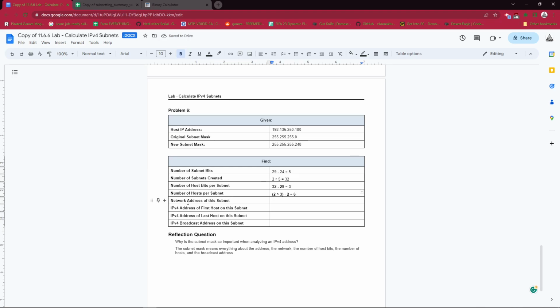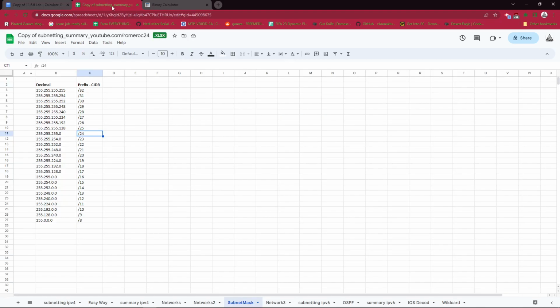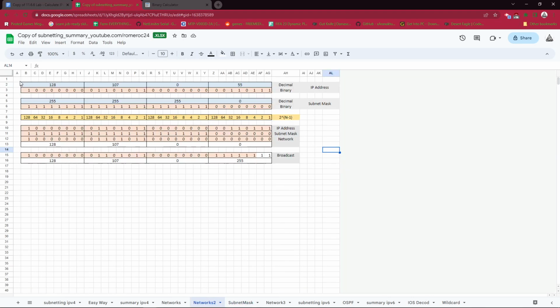For the network address of the subnet, we need to copy the host IP address. So go to this, clear this one.